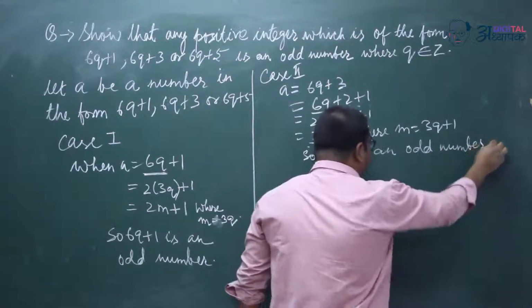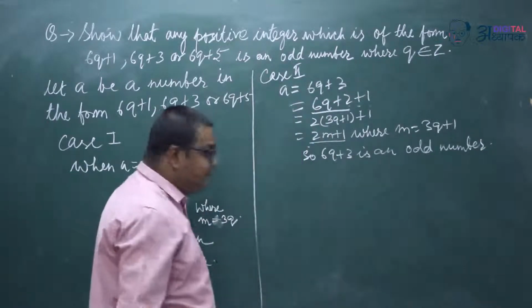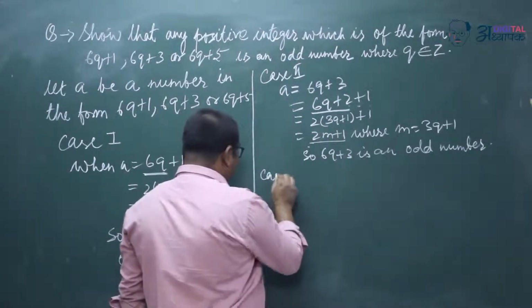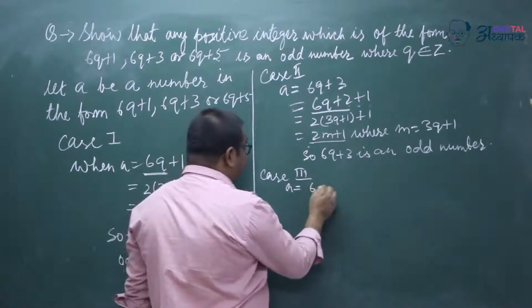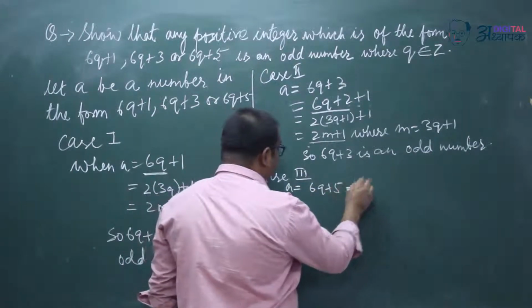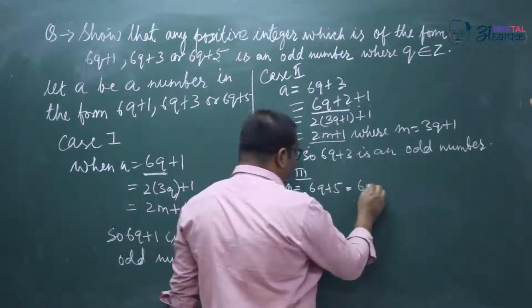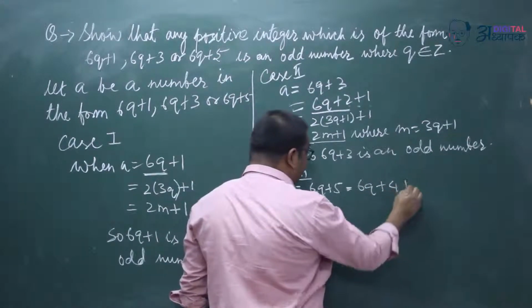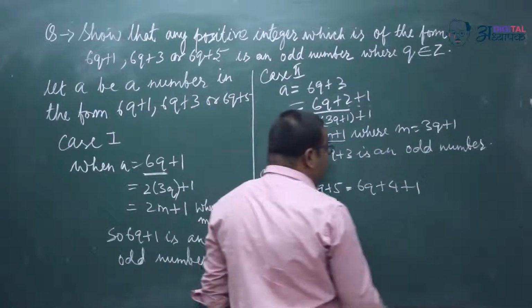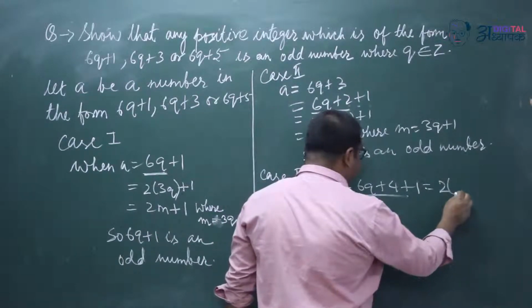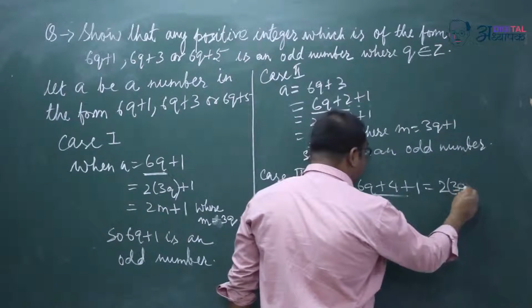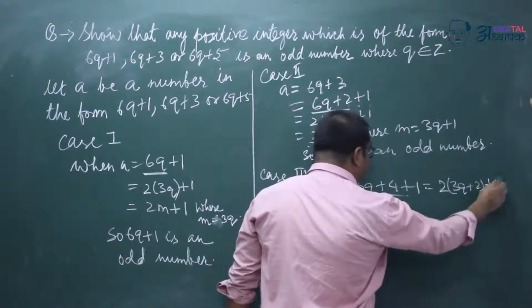Now dear students, we have to do the same thing for case 3. Case 3, A is equal to 6q plus 5. We will write it as 6q plus 4 plus 1. We will take 2 common out of these 2. It will become 2 into 3q plus 2, plus 1.